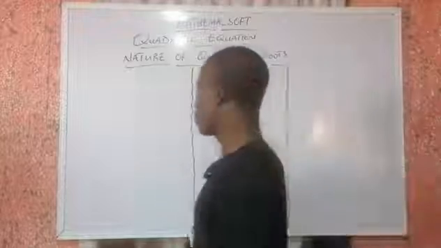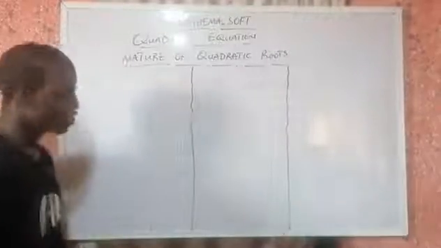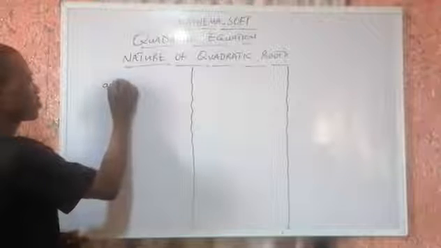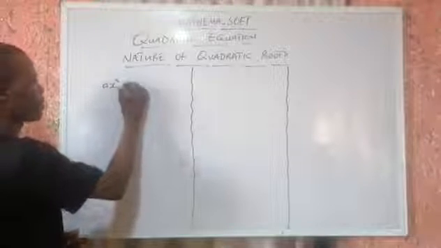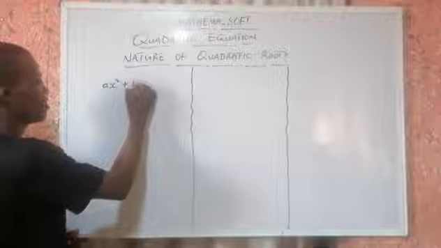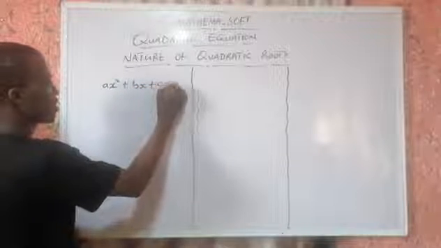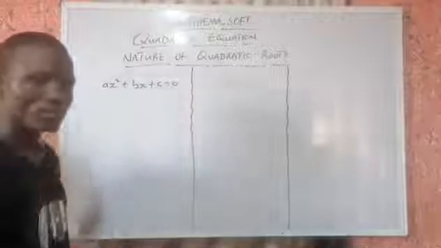So, from our previous knowledge, we already have it that a quadratic equation must be such that it can be expressed in the form ax squared plus bx plus c equals 0.